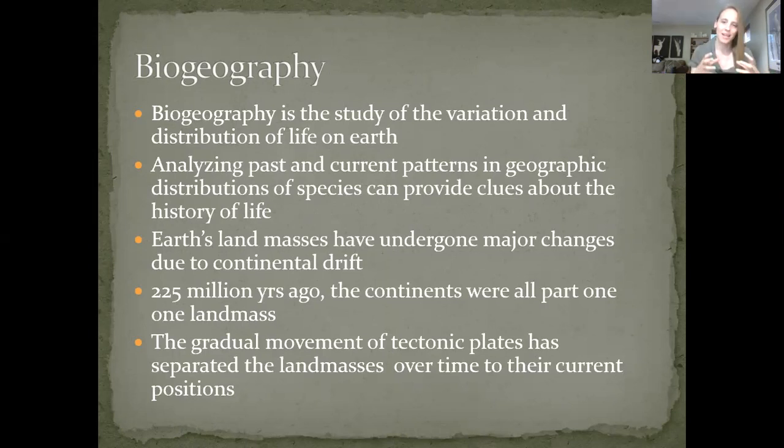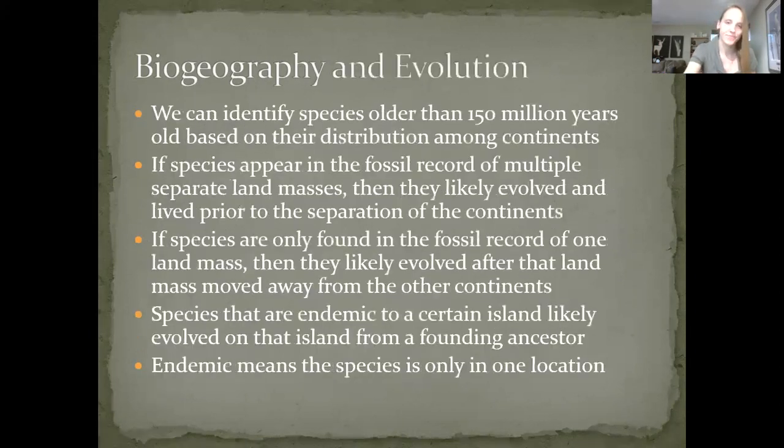This is because Earth's land masses have undergone such major changes because of continental drift. So back 225 million years ago, all of the continents were part of one giant land mass, which you guys probably already knew. And then slowly the tectonic plates pulled those different land masses apart until you get the positions that they're currently in.